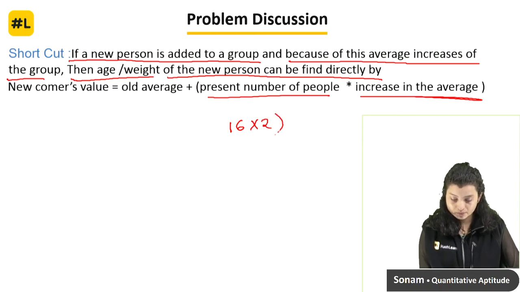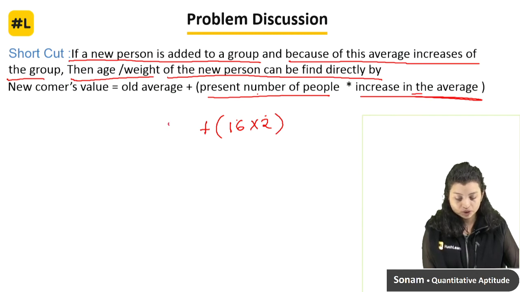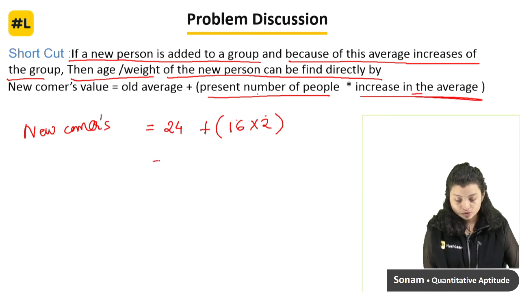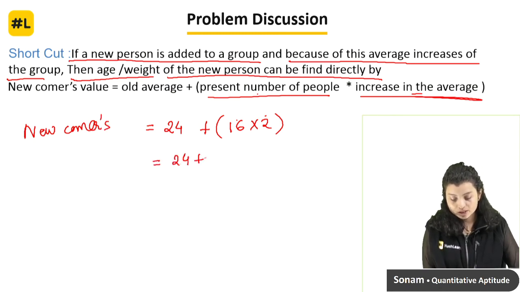So I will put this in place of that. Present number of people is 16, increase in the average weight is 2, plus the old average. We know the old average was 24. So this will give me the value for the newcomer, correct? So that will be 24 plus 32. If you solve it, it is 56.